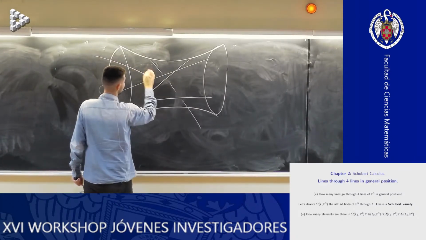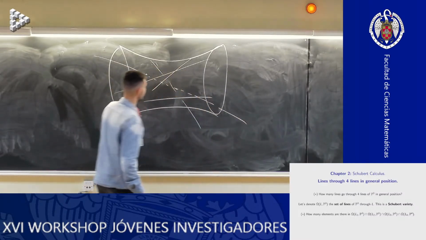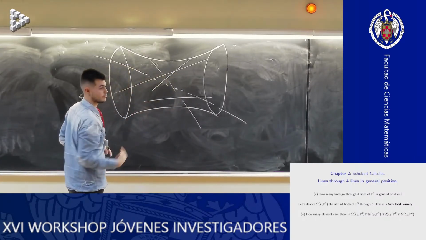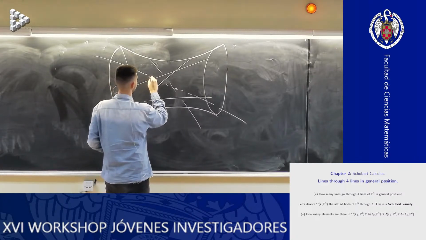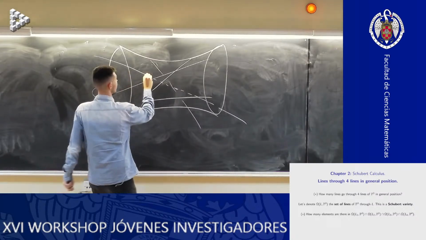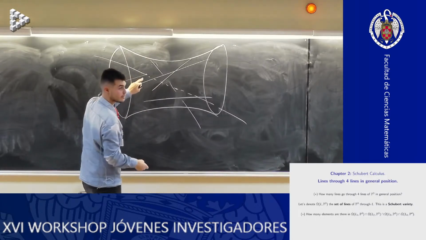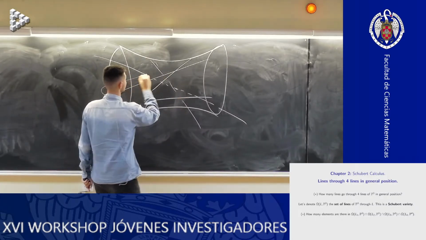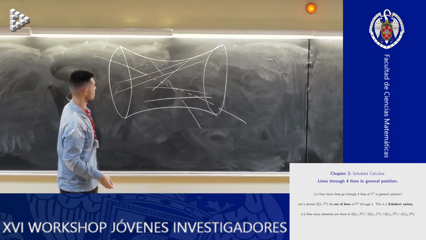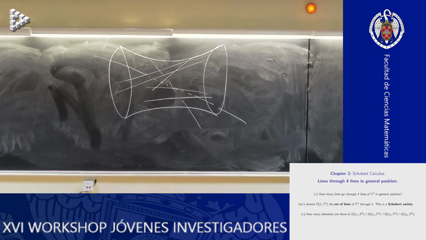So, for those 2 points of intersection, choose among all the lines of the ruling only the 2 lines that intersect this line here and the other 3. So we have 1 line and the other line that's behind. So basically that is the classical solution to the problem, and that's why the answer is 2.